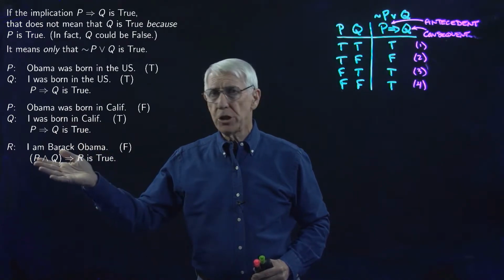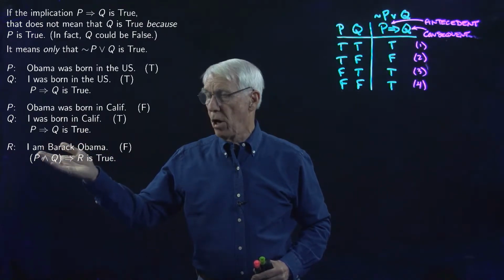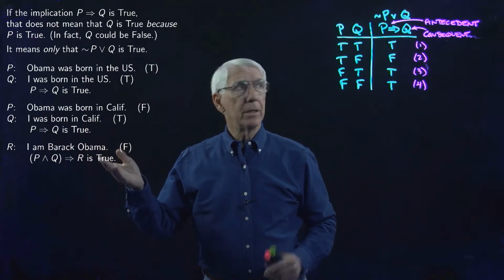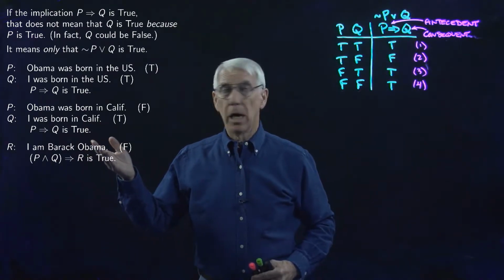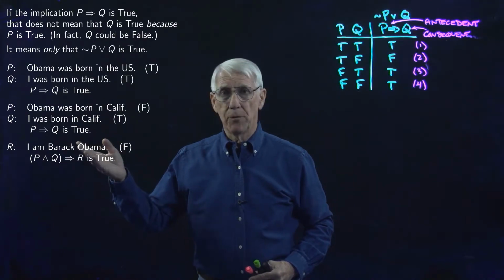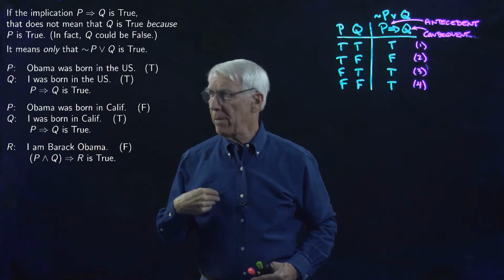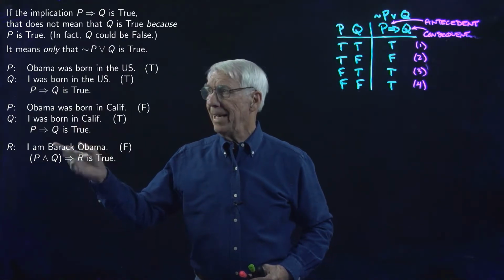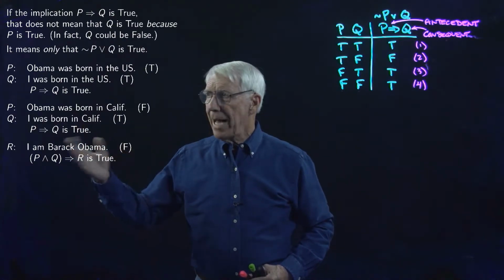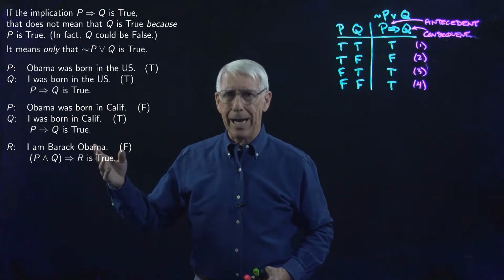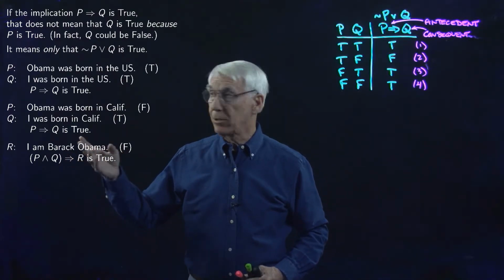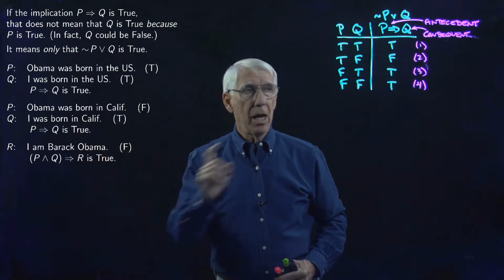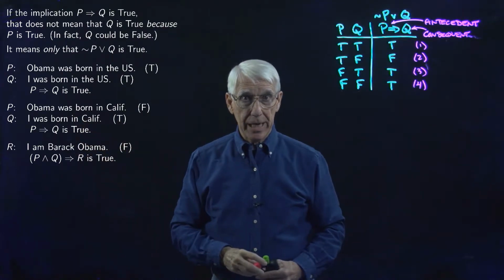So the conjunction of the two is false. And of course, R, the consequent of the implication, is also false because I'm not Barack Obama. But the implication is still true. Again, this is not an argument here as to why I am or am not Barack Obama. It's simply a compound of some other statements.